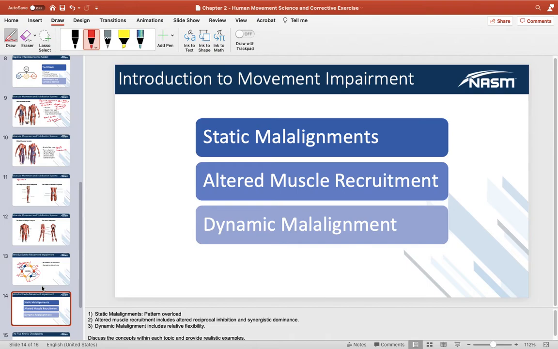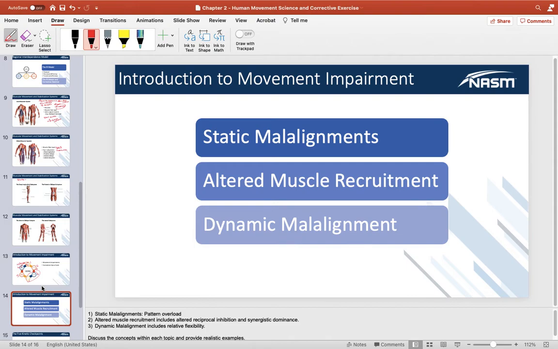So when we talk about muscle recruitment and synergistic dominance, we don't want our quads to be the most dominant, or the hamstrings to be the dominant one. If we're doing a squat, we don't want our hamstrings to be the dominant muscle group called upon because the quads aren't strong enough.